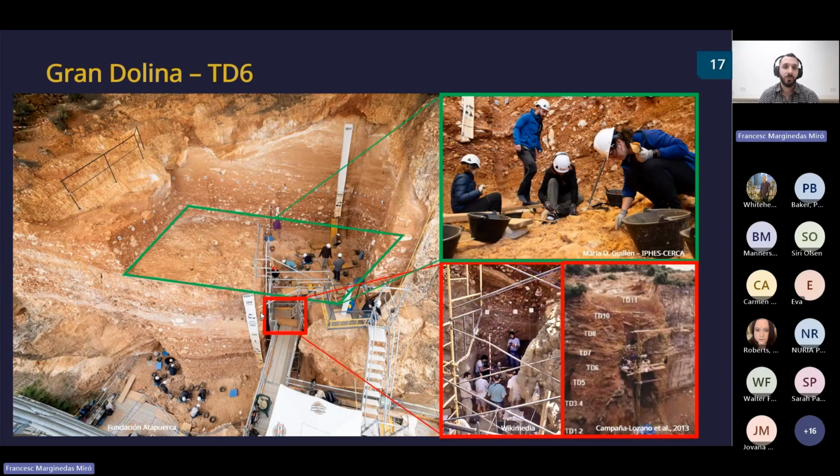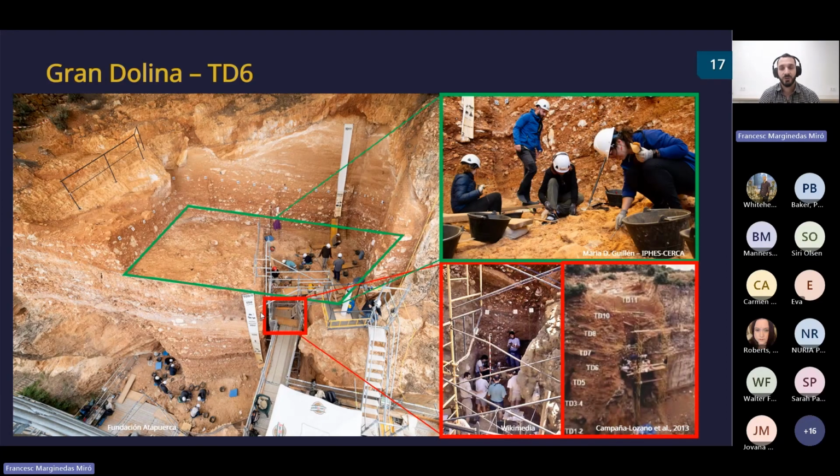These are some pictures. The biggest one shows the whole surface being excavated and marked with this green square. I apologize because it's not very nice, but I think that helps to understand the area and its relation with the red square just at the bottom, which is actually the test pit that was excavated in the 90s and where Homo antecessor was found back in 1994.